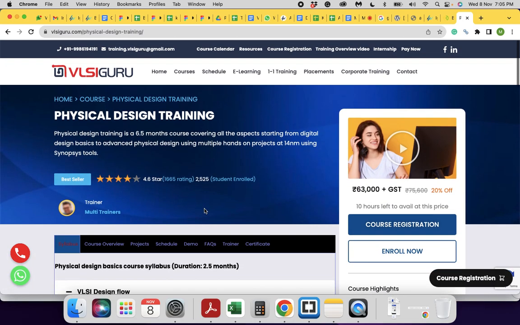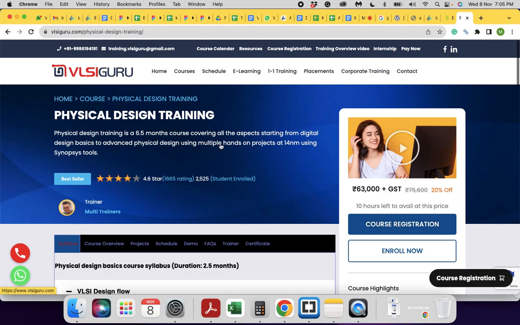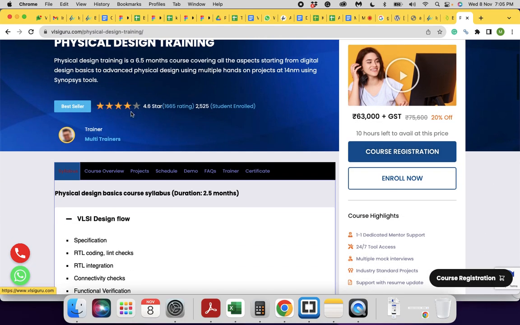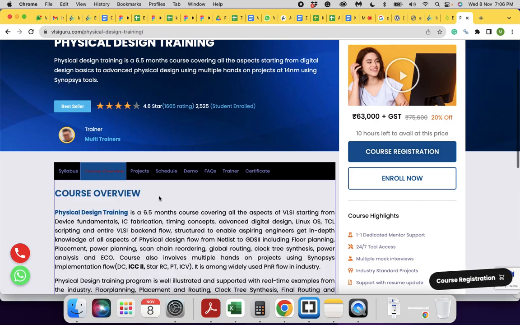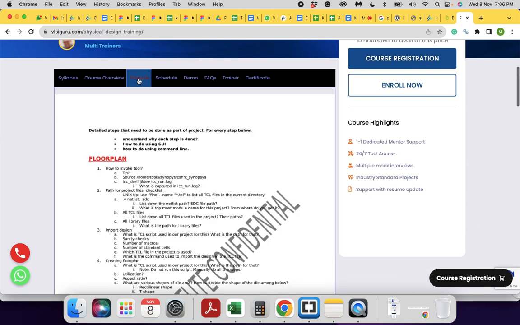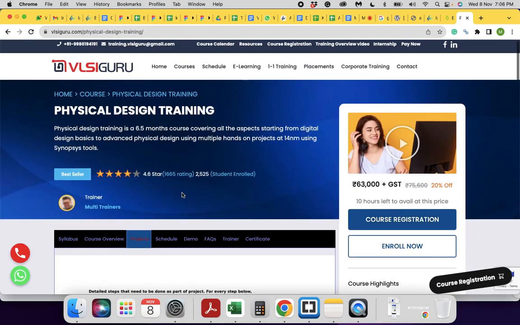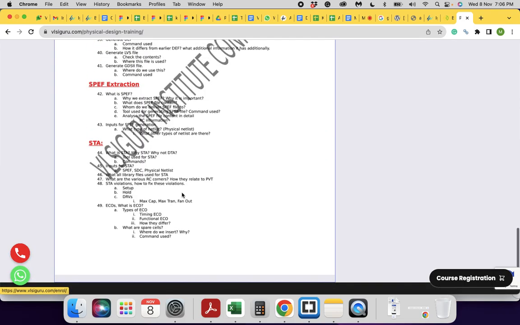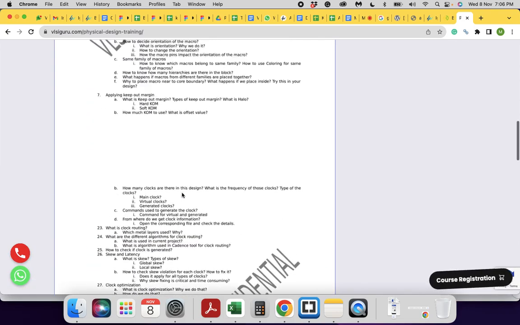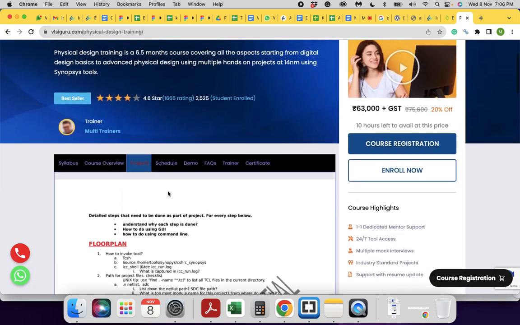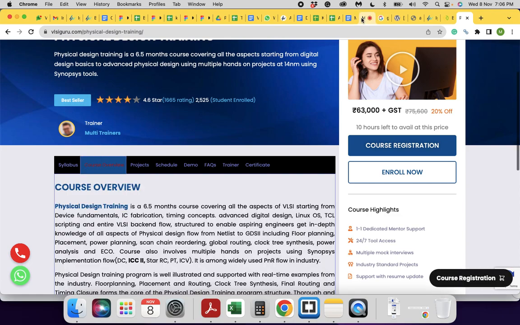Plainly, look at this. They have told physical design training. They have given it some stars. And moreover, they themselves have rated it as 4.6. I don't know, maybe students would have rated it. Course overview. All this is an outdated presentation, and there is no appropriate call to action or selling element for the user. And moreover, looking at these pages might impact the speed performance as well. See, making it market ready deals with load times and other issues as well.